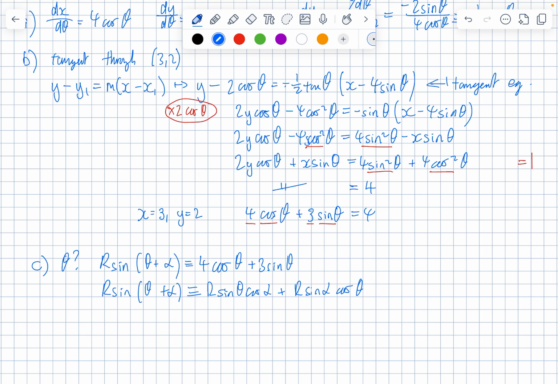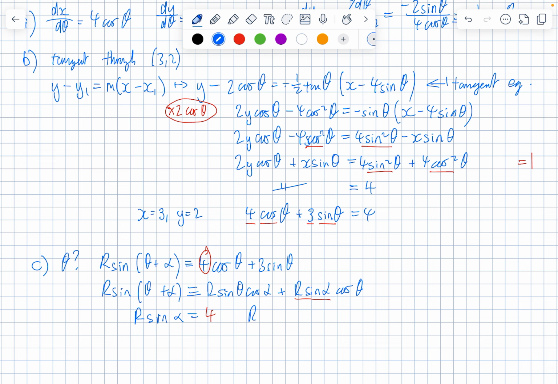So I'm going to find R sine alpha, multiplying cos theta.